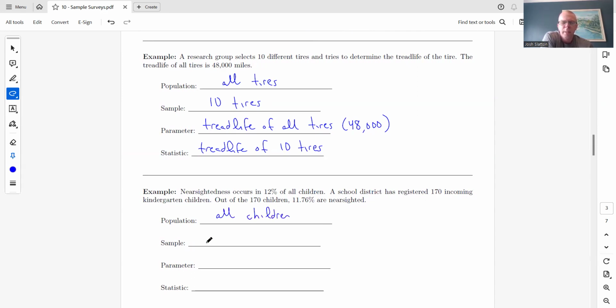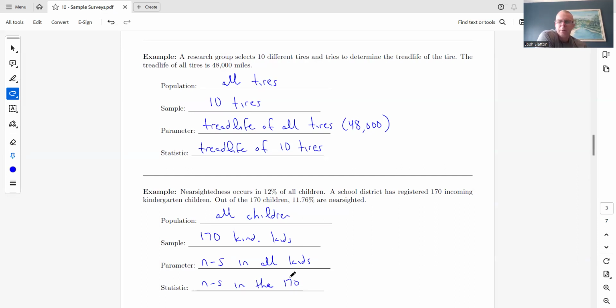The sample would be the 170 kindergarten children. We'll just say kindergarten kids. And the parameter would be nearsightedness. Let's say nearsightedness in all kids. And the statistic would be nearsightedness in the 170 kids.